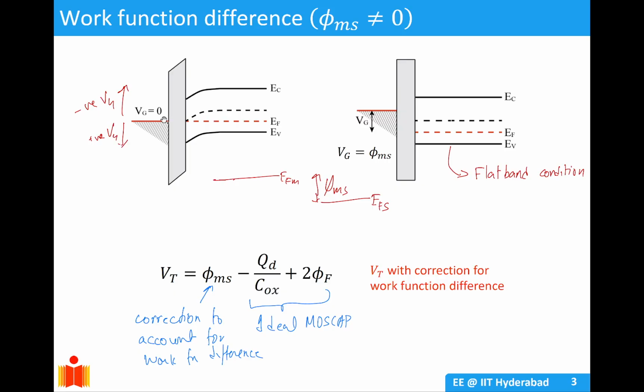Now, in this case, when we give a certain negative voltage to the metal, the Fermi level of the metal shifts upwards. At a certain point, you will see the oxide and the semiconductor bands will again become flat, and this is called the flat band condition, and this applied voltage is called the flat band voltage.